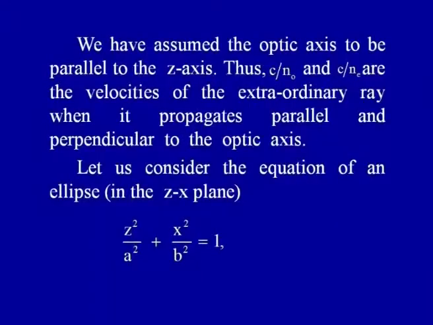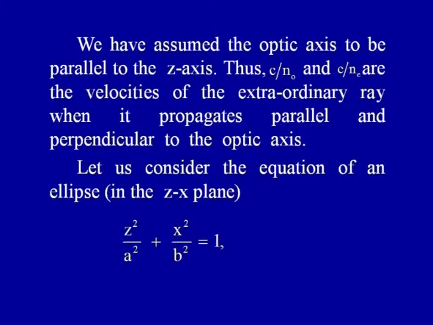Here n_O and n_E are the refractive indices of the crystal for the ordinary and for the extraordinary ray respectively, and theta is the angle that the ray makes with the optic axis. We have assumed the optic axis to be parallel to the z axis here.